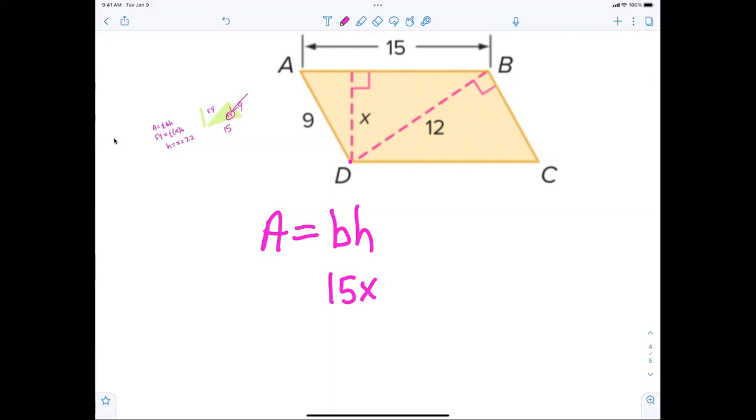Do that. 15x equals 9 times 12. How much? 7.2. Was that the same answer? Yeah, that was sneaky. All right, that was kind of tricky.